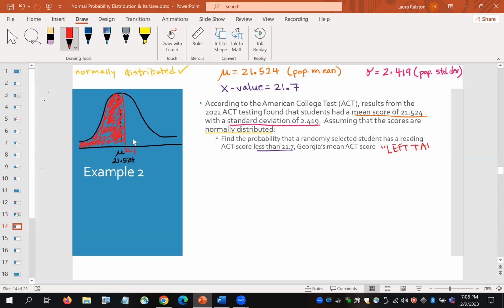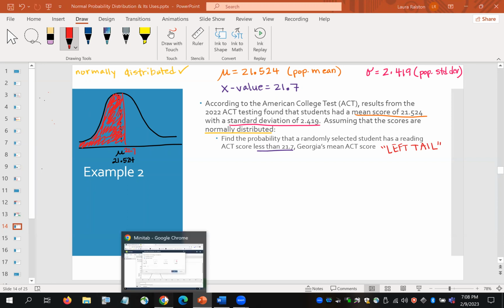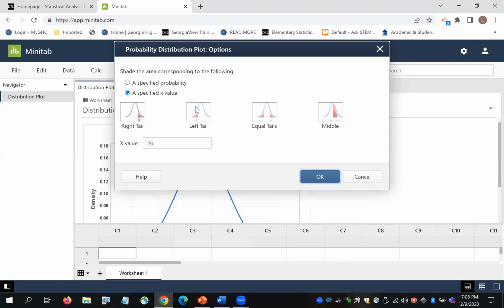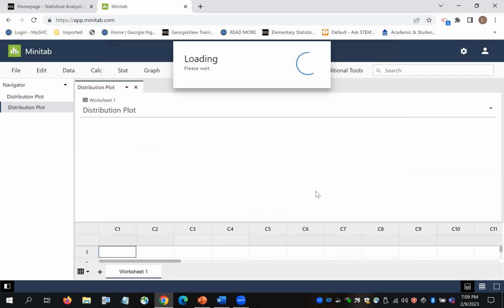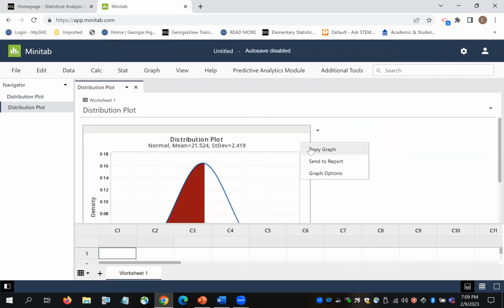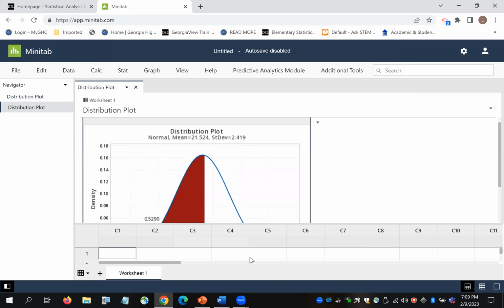Less than is a left tail. Sorry that I forgot that. Okay, so we want left tail. I'm going to select it. I put in my X value, which was 21.7. I click OK. I click OK again. And again, I get the graph.